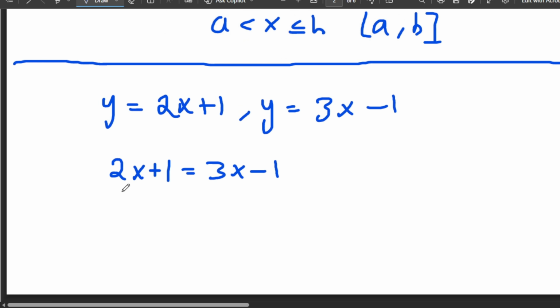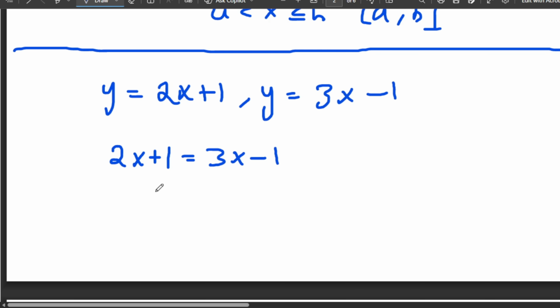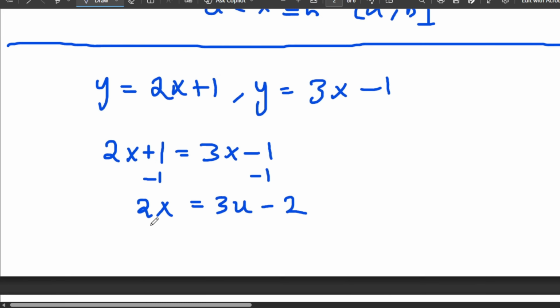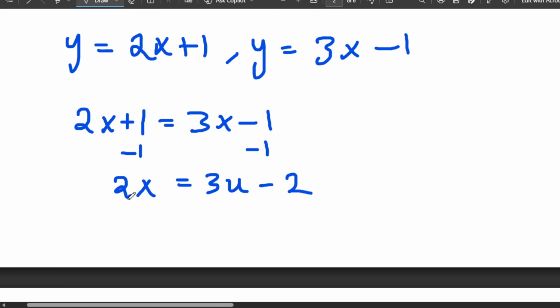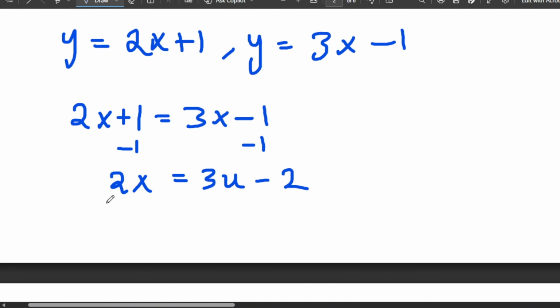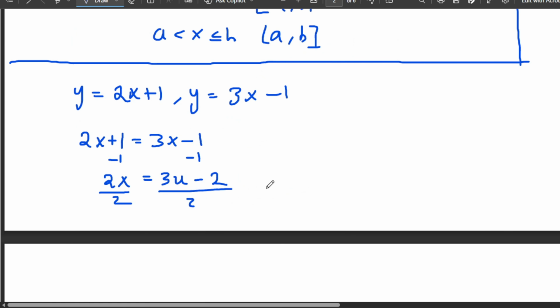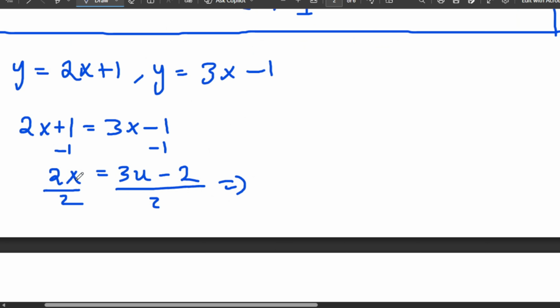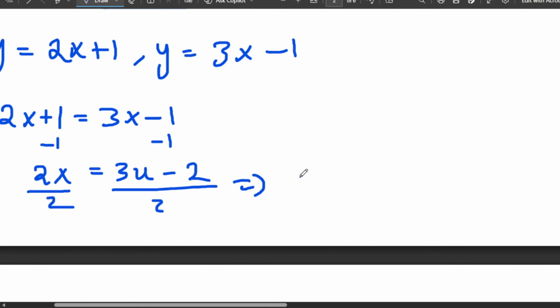So to solve this equation, we subtract 1 on both sides to get the x terms on the left side. We have 2x equals 3x minus 2. Now, to isolate x, remember that to remove multiplication, we must divide by 2 on both sides. So if the coefficient is 2, we have x equals 3x minus 2 over 2.